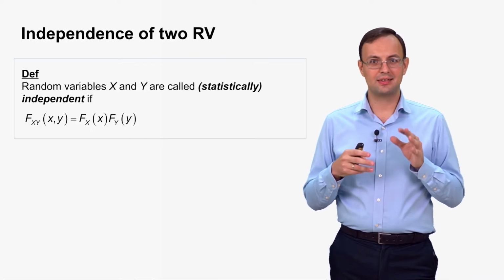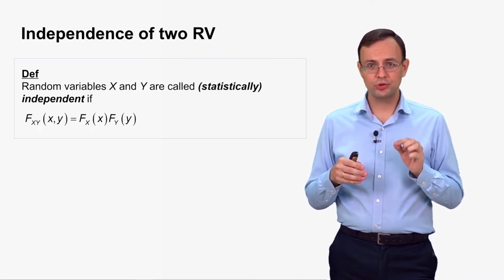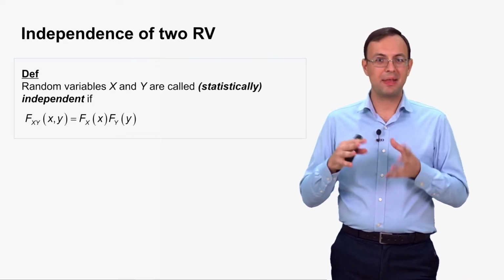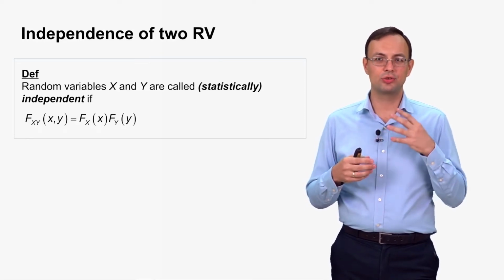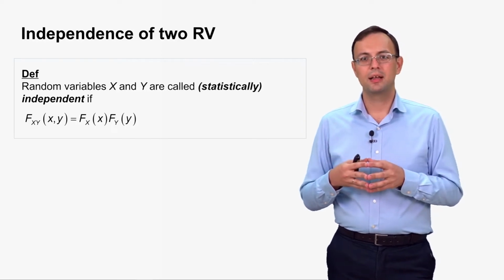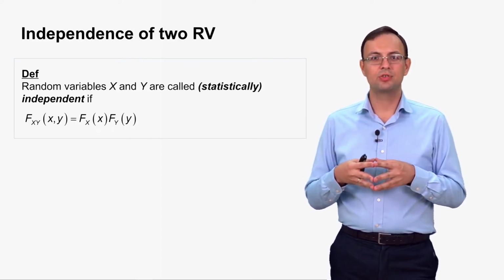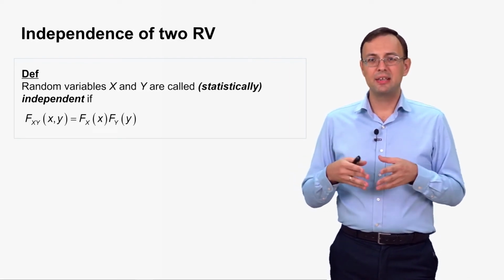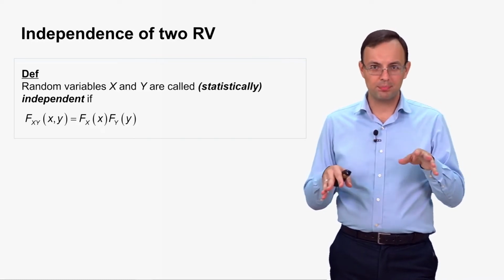I will tell you about this in detail a little bit later, but you should know that this type of dependence or independence is usually called statistical independence. So it's better to say that two random variables are not just independent, but statistically independent. But in real life, this word statistically is usually dropped.